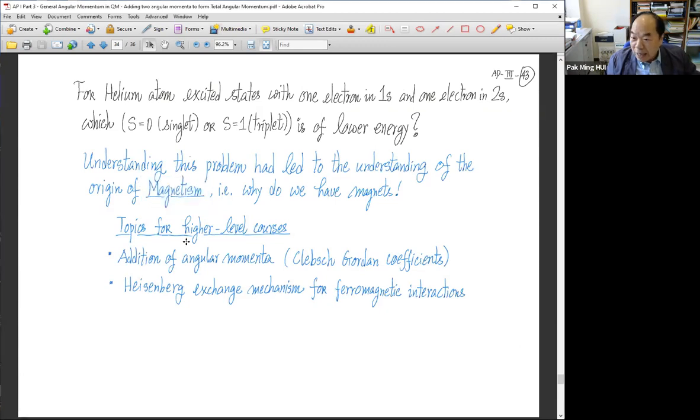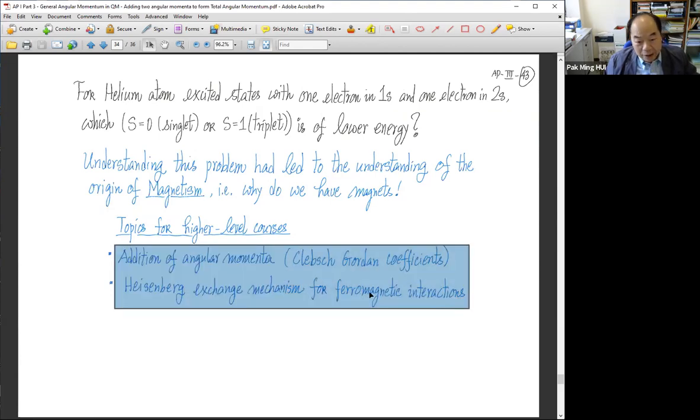For those more academic or oriented, okay, you may want to learn how to add two angular momentum formulae, quite abstract. There are things called Clebsch-Gordan coefficients. And then the other topic will be, I mentioned about the exchange interaction that leads to ferromagnetism.